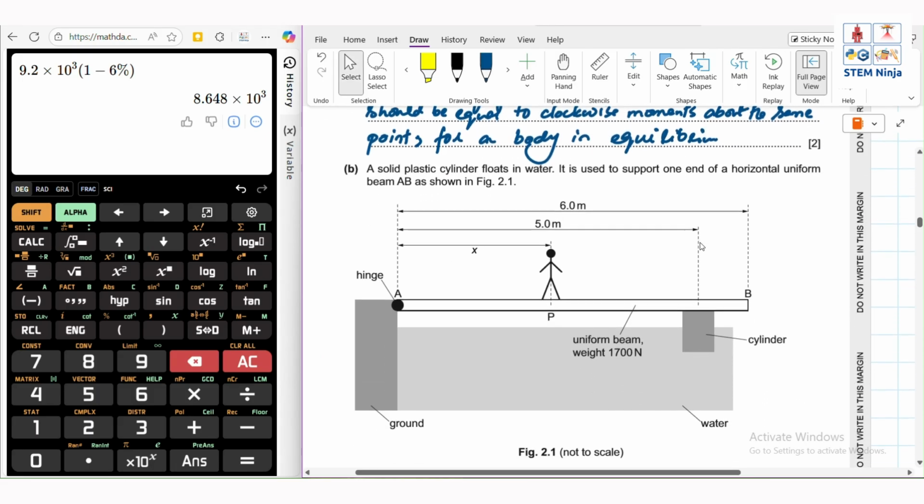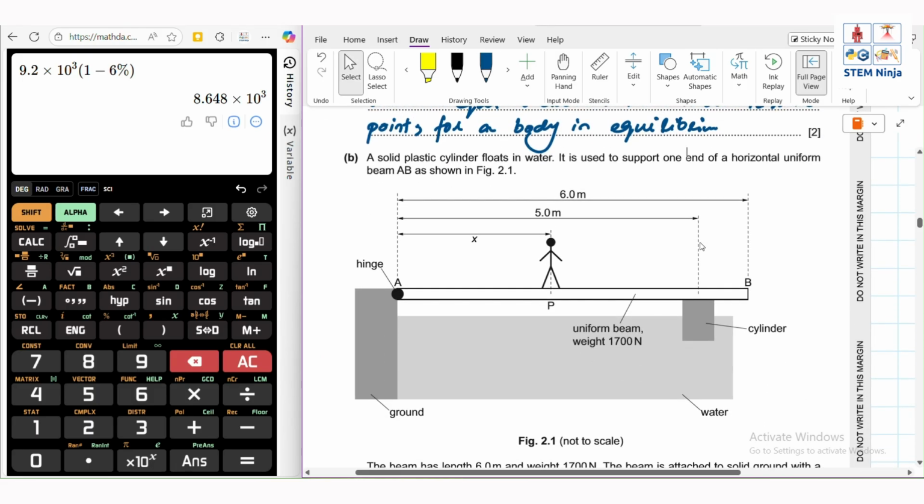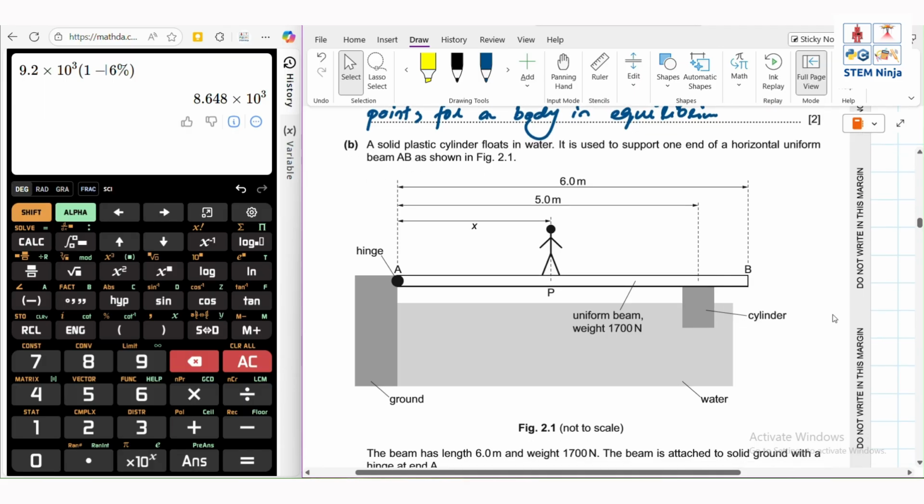A solid plastic cylinder floats in water. It is used to support one end of a horizontal uniform beam as shown. This is the cylinder. It is used to support this end. The other end is connected to a hinge.